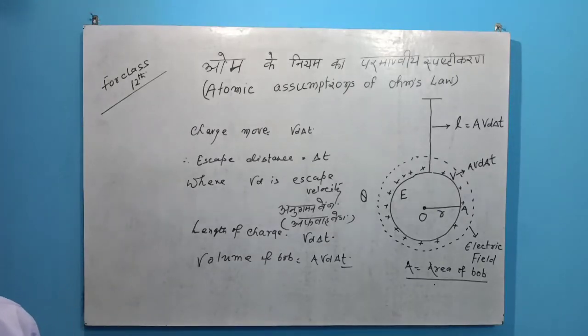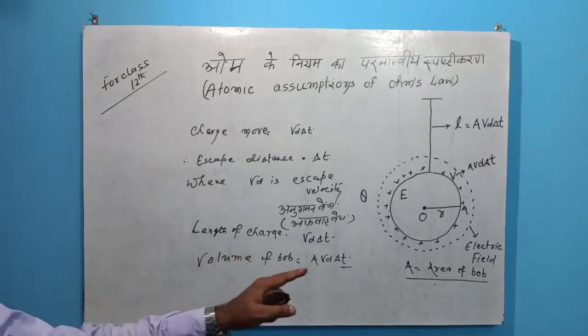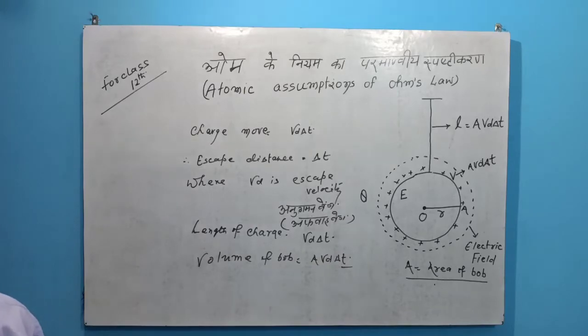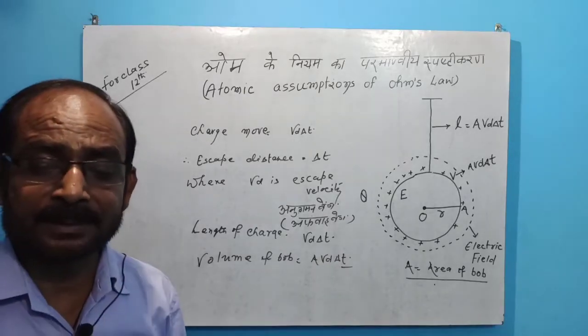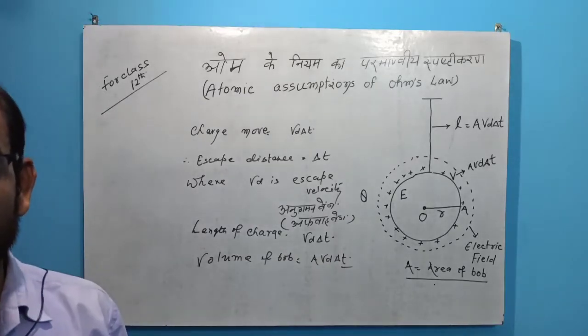Let n be the electrons which are present per volume of the conductor.